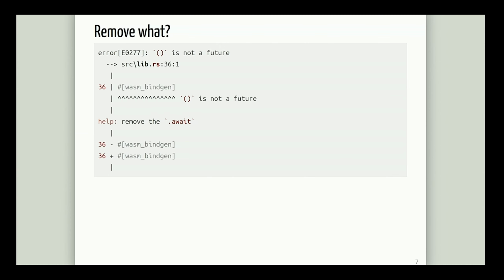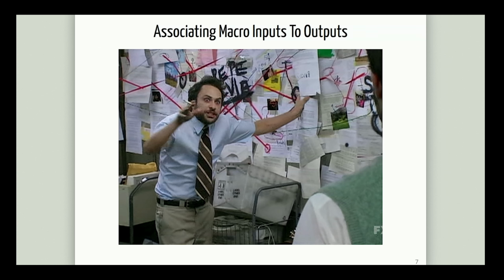So with that said, why is this relevant? Well, for IDE features, the key to do anything is really to figure out what an input token in a macro call semantically belongs to in the expansion of a given macro. So we want to associate these input tokens to the output tokens and vice versa.